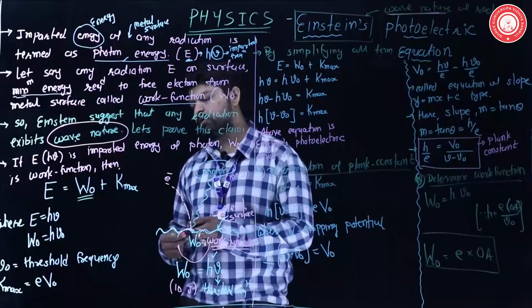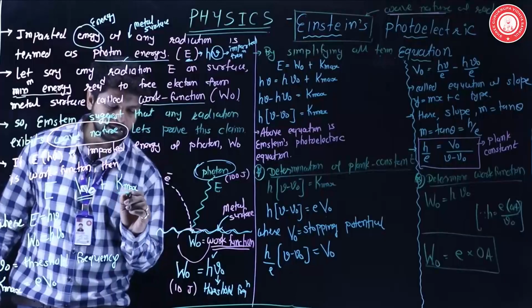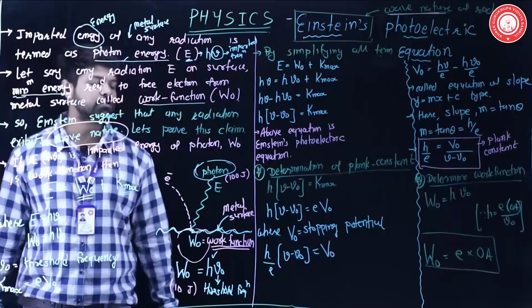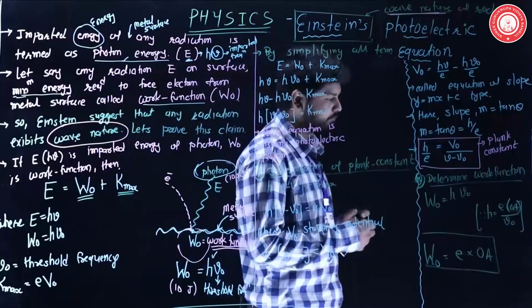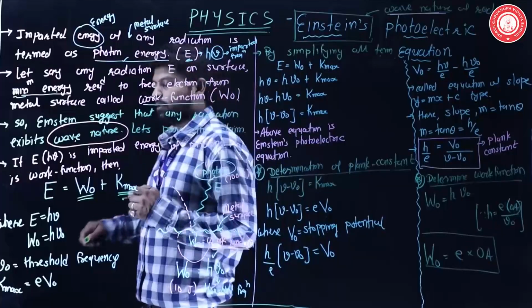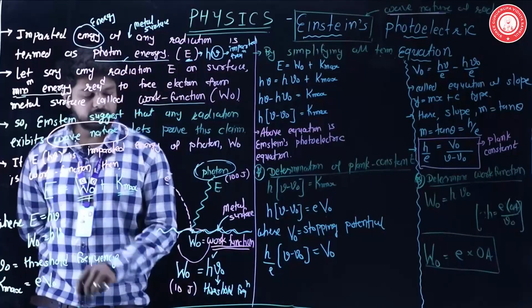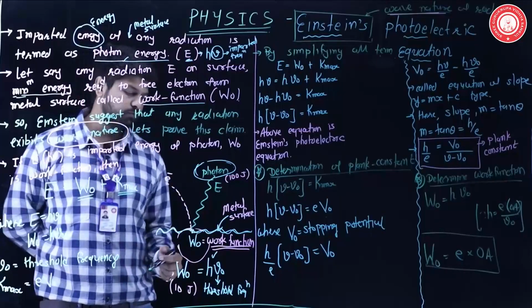The rest of the 90 joule is converted into kinetic energy of the rest of the electrons which are going to be emitted from this surface. So see, total imparted energy E is equal to work function W0.